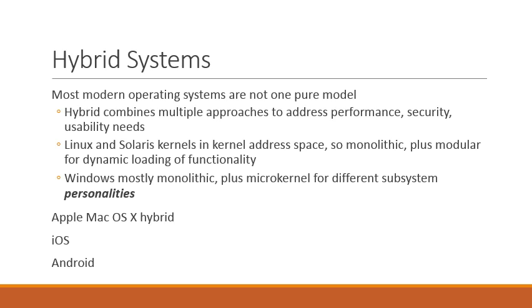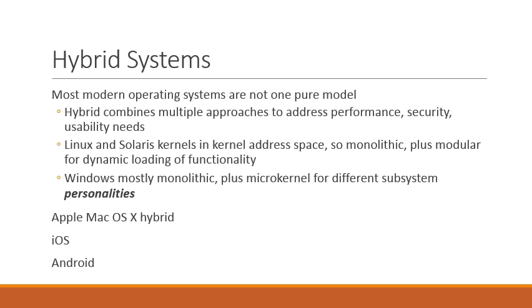Another example of the hybrid operating system is the Windows operating system, that is largely monolithic in nature. For performance reason, most of the operating system services are provided in the kernel space. Moreover, Windows also observes the microkernel architecture because different operating system services have been provided in the user address space in the form of personalities or subsystems.